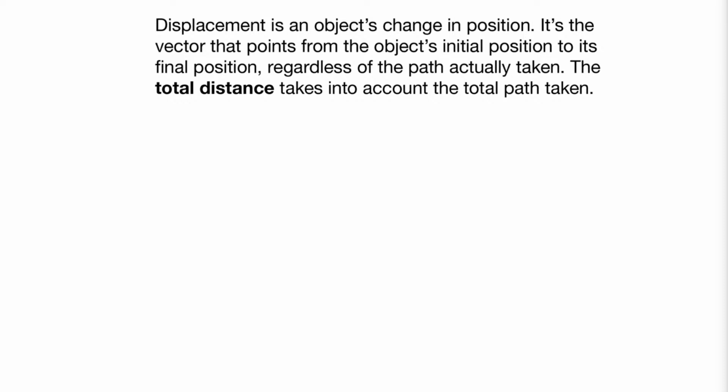So when it comes to definitions, let's start with distance versus displacement. So if we have an object traveling between 2 points, right, going from A to B, the distance is the length of the path actually traveled from point A to point B. So that would be the length of this winding blue curve.